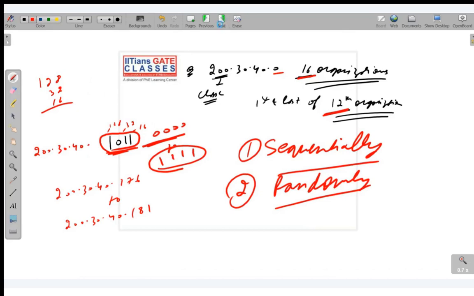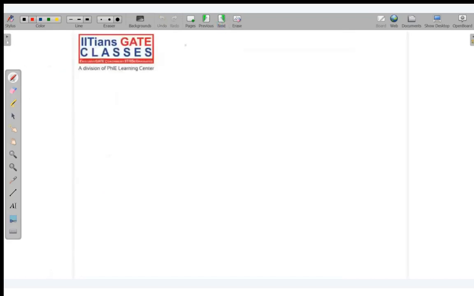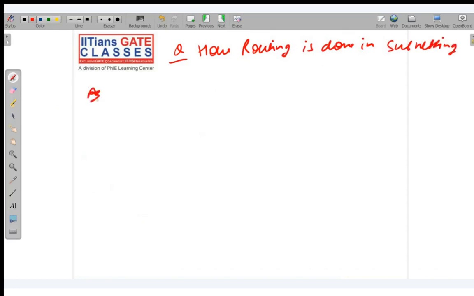Okay, so now the question arises: how is routing done in subnetting? To answer this question, we first have to remember the fact that subnetting is our internal matter.